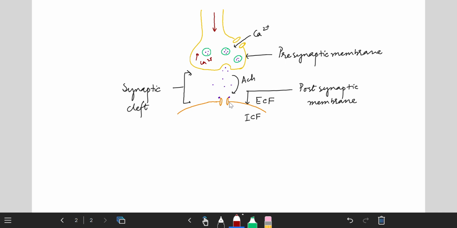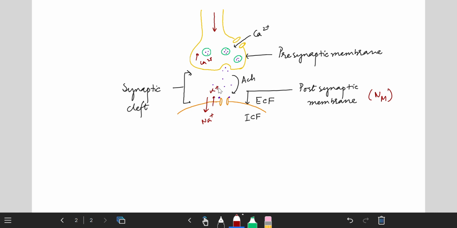What kind of receptor is present in the postsynaptic membrane? This kind of receptor is the NM receptor, the nicotinic muscle receptor. Okay, and this receptor is actually a non-selective monovalent cation channel which causes inward movement of sodium and outward movement of potassium.